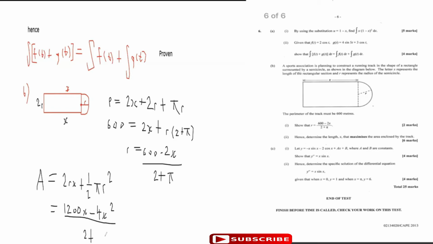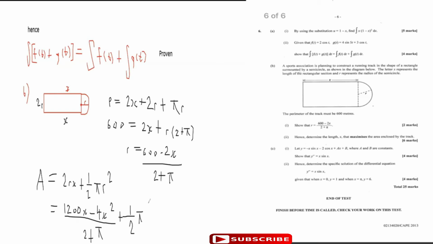So I worked out this side first, plus a half pi r squared. Oh gosh, I'm going to have to square this.